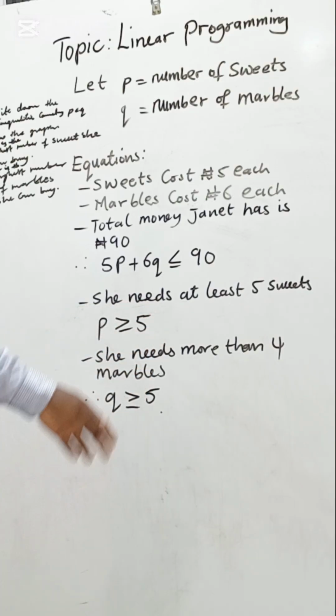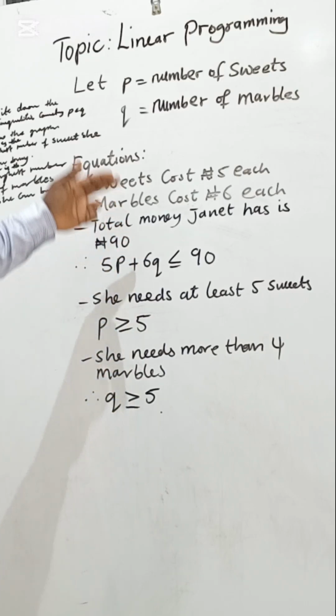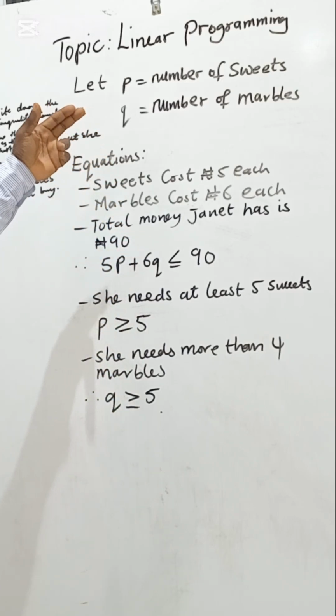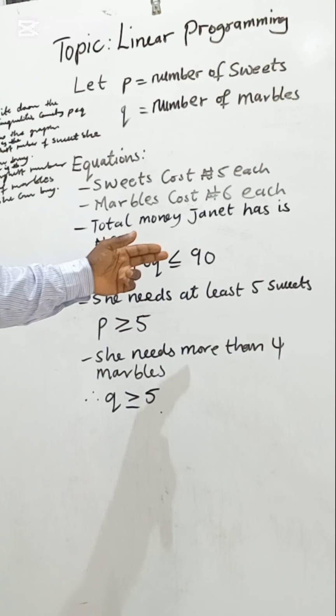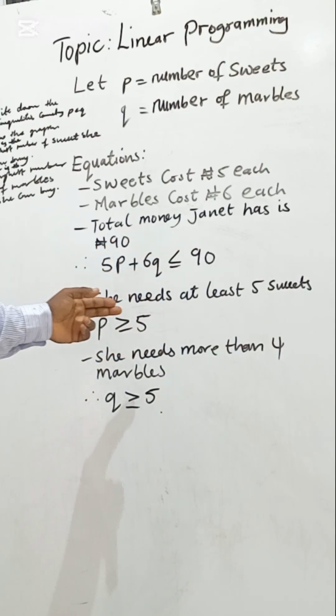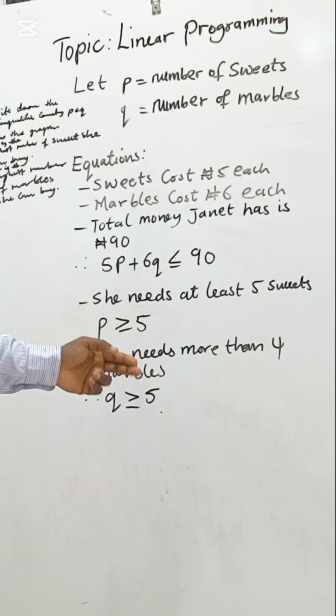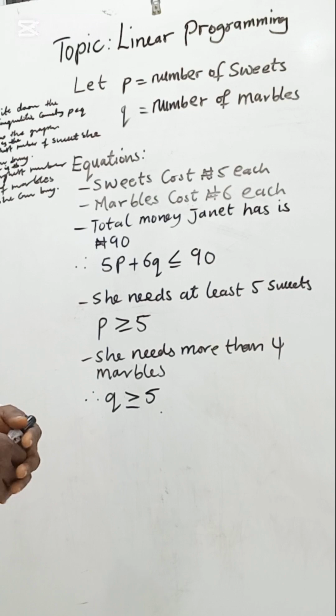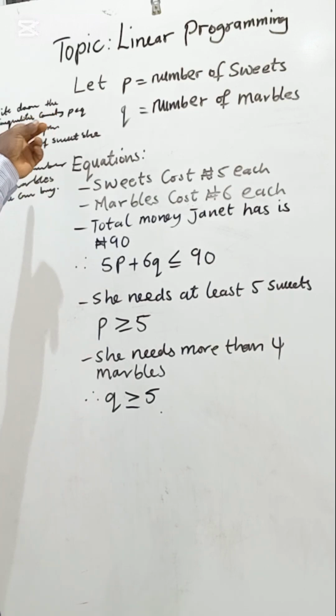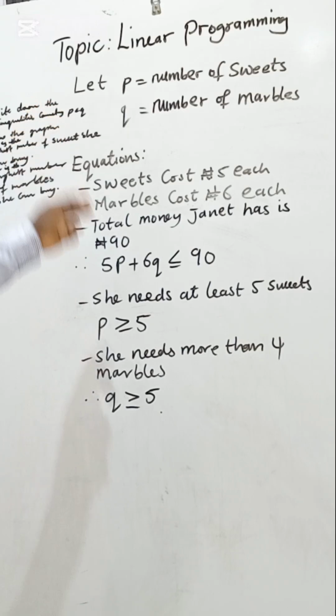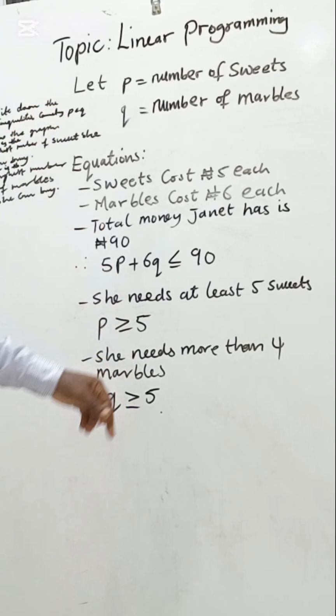So we have 3 inequality equations from the question: 5p plus 6q is less or equal to 90, p is greater or equal to 5, q is greater or equal to 5.